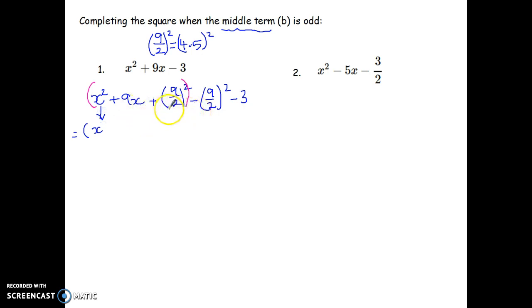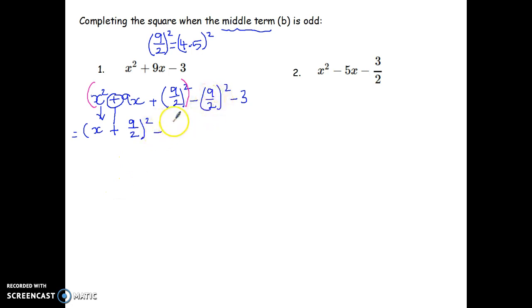The square root of 9 on 2 squared, well that's just going to be 9 on 2. So by leaving it as a fraction, by leaving it unsimplified, it makes this bit a lot easier. My plus 9, so the plus there becomes the plus in the middle, squared, take away.